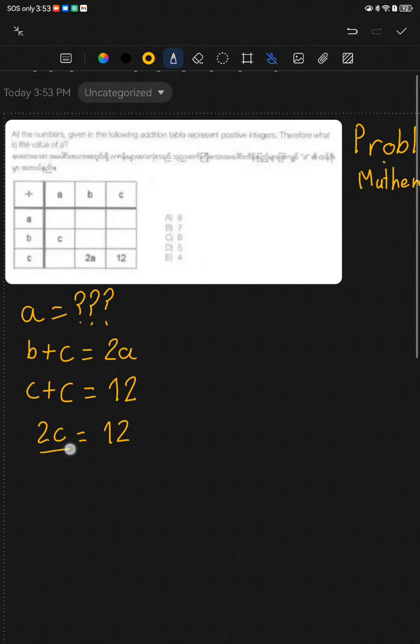We can divide both sides by 2. The 2 cancels out, and we get c as 12 divided by 2, or 6. We'll substitute that value into b plus c. So b plus 6 equals 2a.